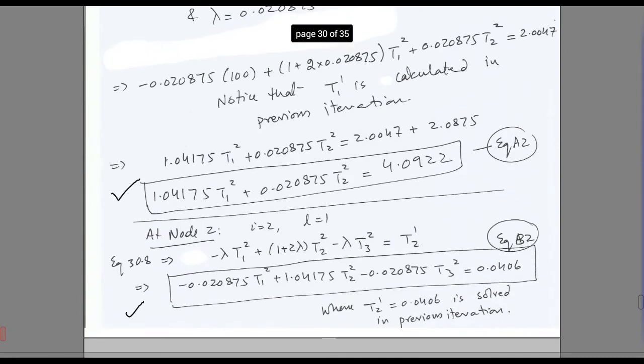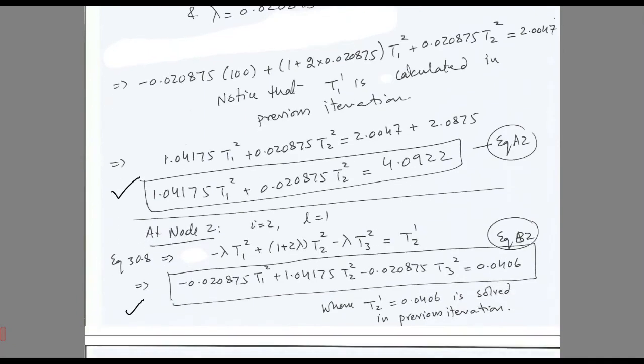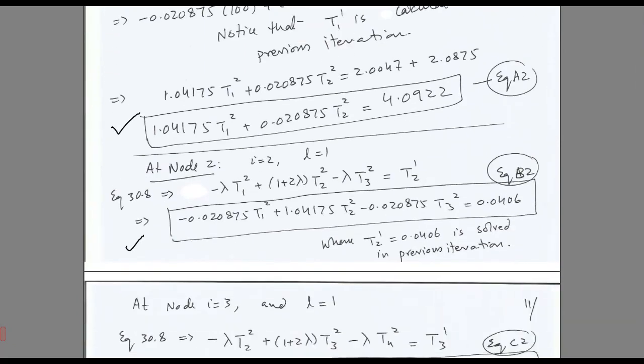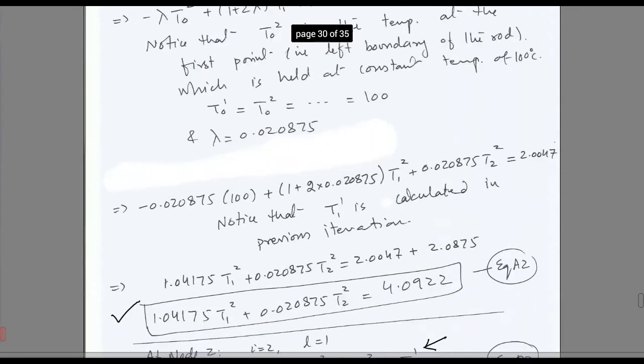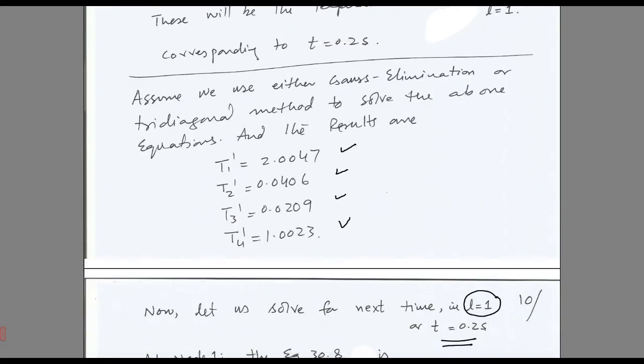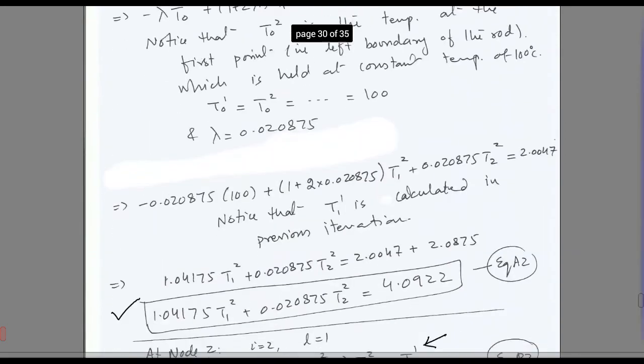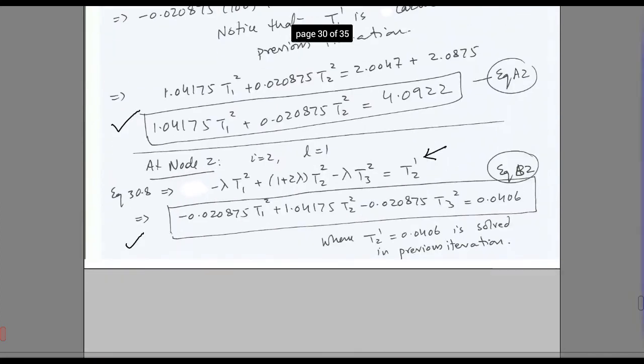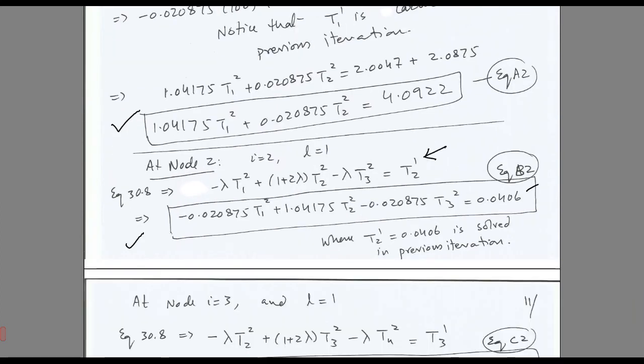If the superscript is 1, it means that T21 we just calculated, so 0.0406 will be used here. We can see this value is used here.